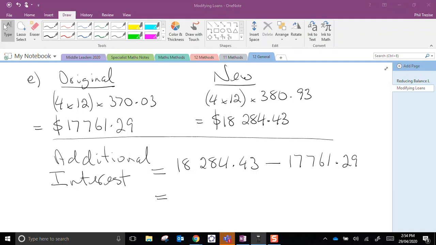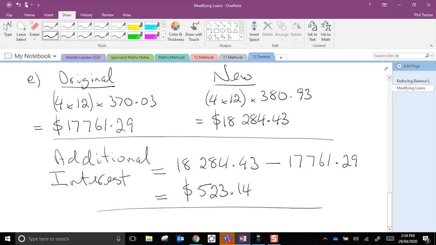This gives me $523.14. $523.14 is the additional interest that was paid in the last 4 years because of that interest rate rise.